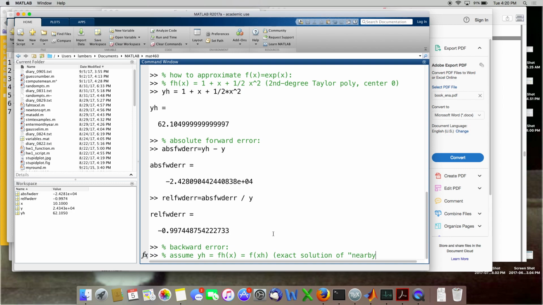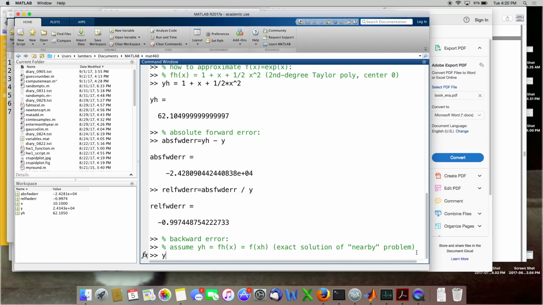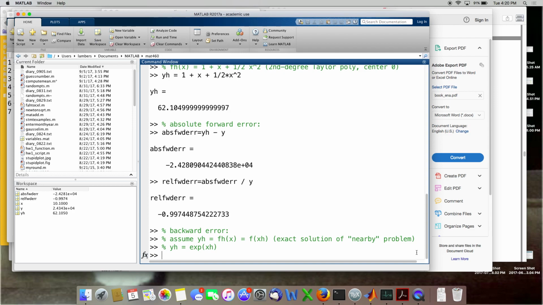And when I say nearby problem, I mean the input is changed. So instead of computing the approximate exponential, this Taylor polynomial applied to the true x of 10.1, we could think of our approximation here as the exact exponential of an erroneous x. So, in other words, yh is the exponential of some erroneous xh, which is our x hat.